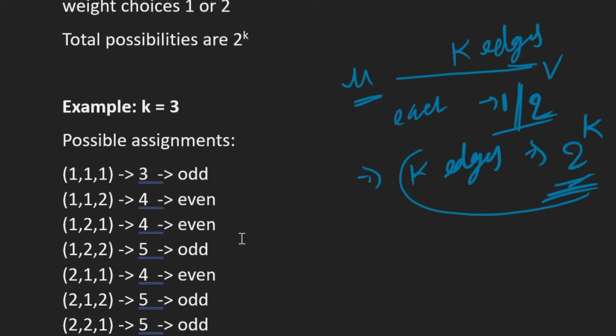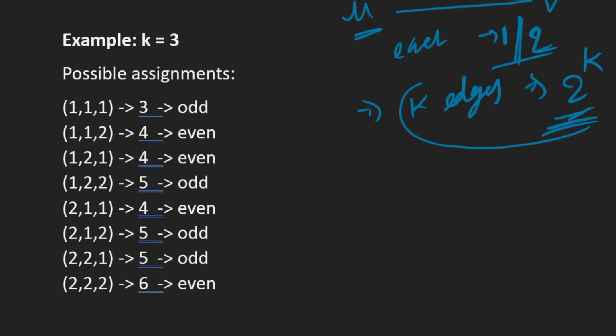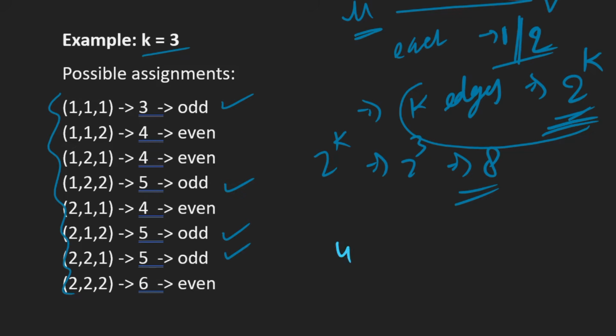So this is the first thing. If we take the example k equal to 3, then these are all the possibilities in which we can put the weights. So we have 2^3, that is 8 possibilities. Out of these 8 possibilities, 4 have an odd sum and 4 have an even sum, right?